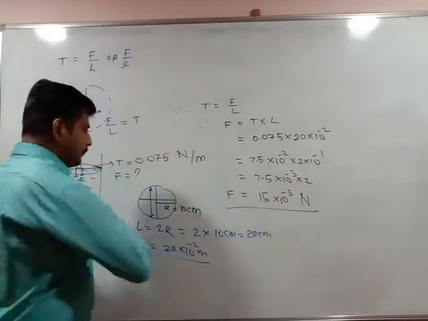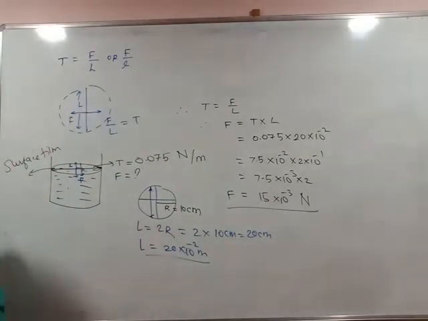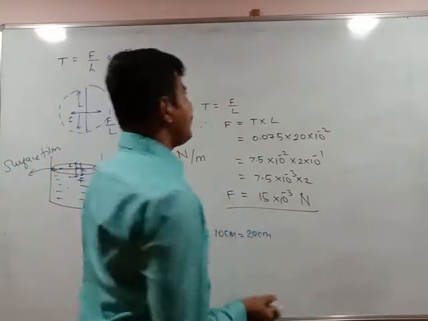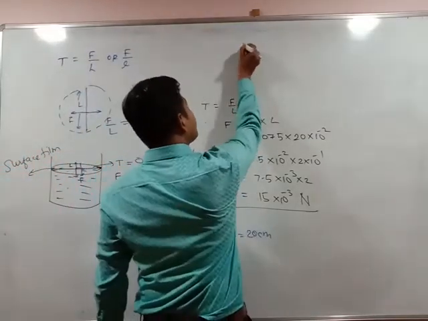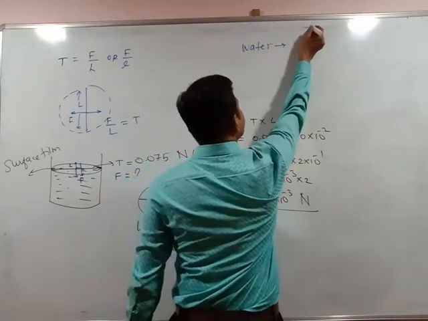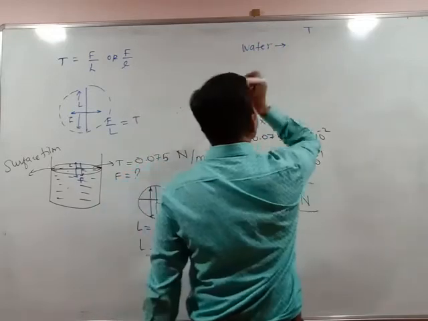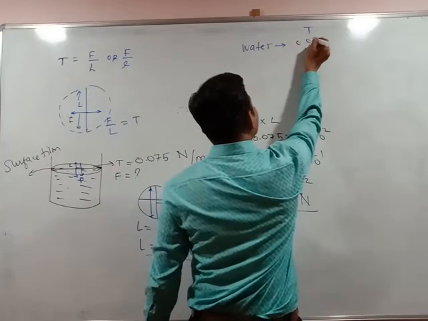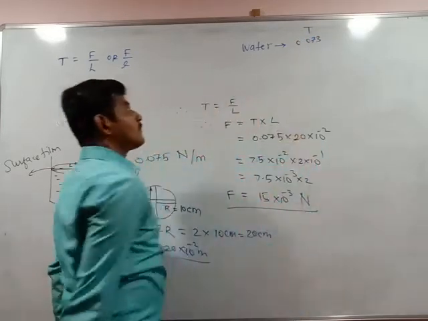Such types of examples we are going to solve in the classrooms. There are different values of surface tension for different liquids. I will consider the liquid water, whose surface tension T is 0.073.